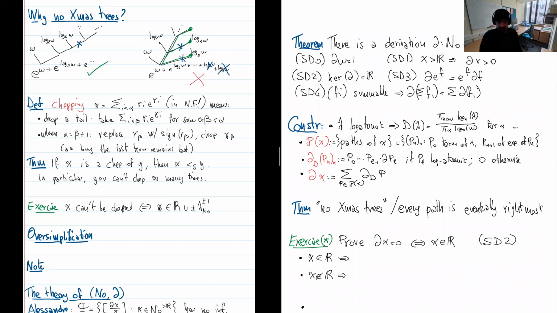But that's it. These are the things that cannot be chopped. As soon as the normal form contains more terms or the exponents are a bit more complicated than that, you can apply some of these operations and get down. But the thing is, however you start, whatever Surreal number you take, however you try to chop it, eventually you reach this class here.